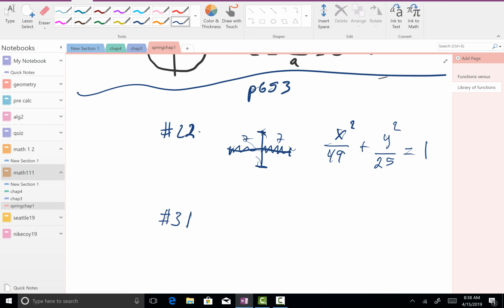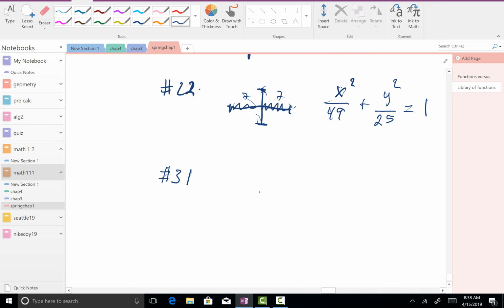31. Major axis endpoints are 1, -4 and 1, 8. Minor axis length is 8. So 1, -4, and 1, 8. That is the major axis endpoints, and the minor axis length is 8.